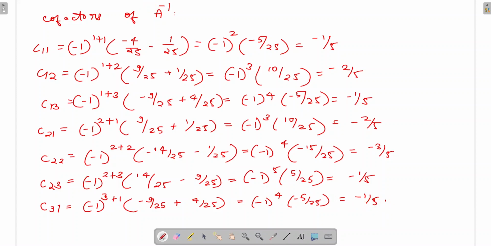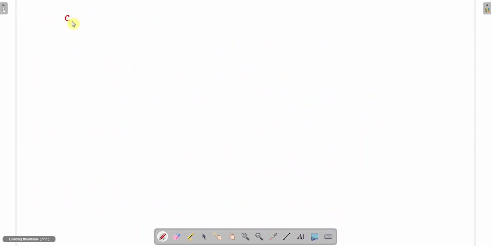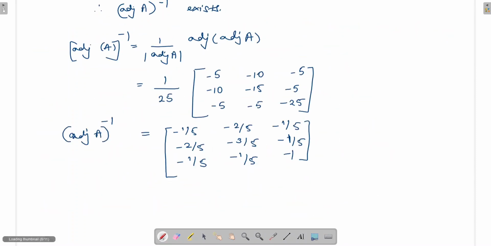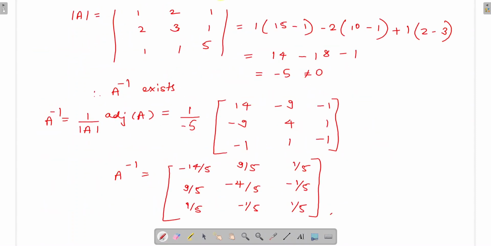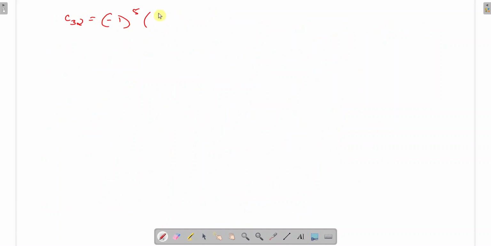Then C32 is minus 1 raised to 5, right? So the third row and second column we have to add. So minus 4 plus 14 by 25 minus 9 by 25, which is equal to minus 1 raised to 5 times minus 5 by 25.